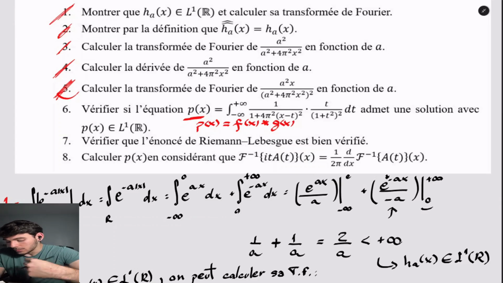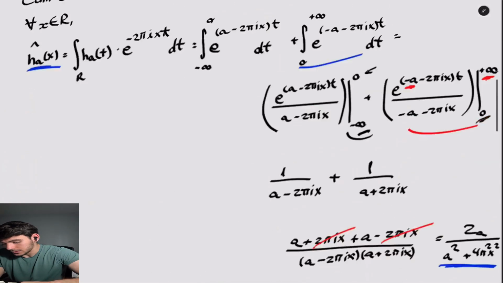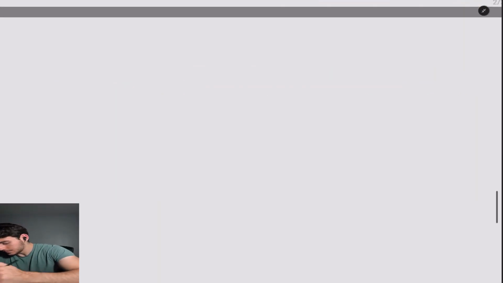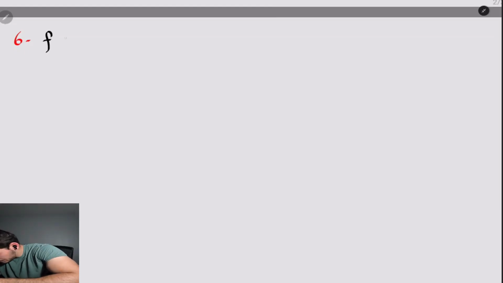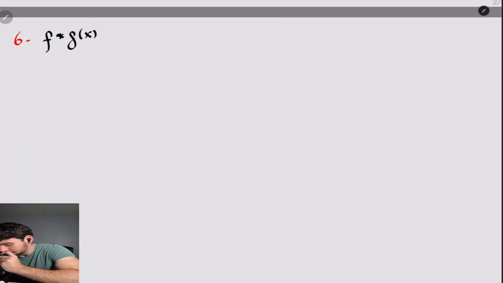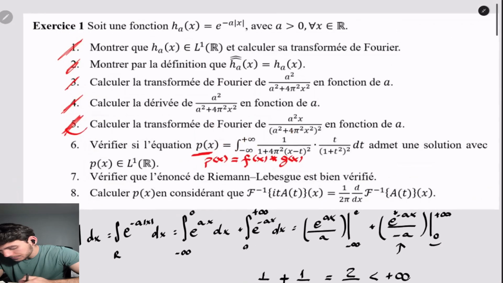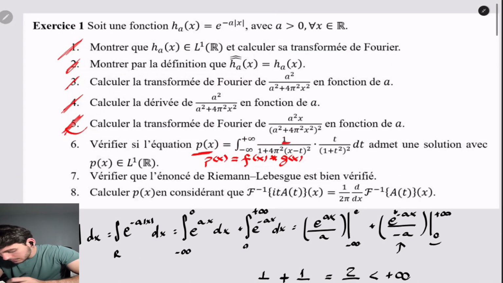All right, so I'll write it down here. Question 6: if we have f and g here as a convolution product, let's state f equals 1 divided by, let's see the integral here, 1 plus 4 pi squared (x minus t) squared.